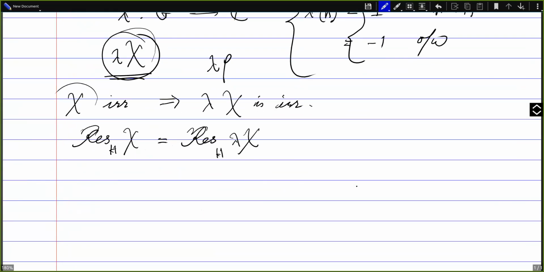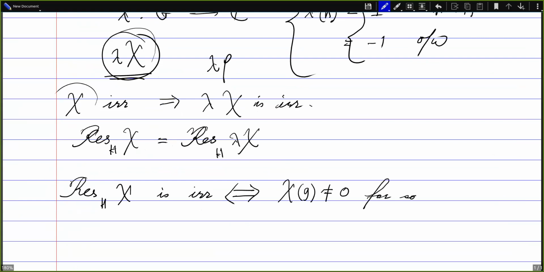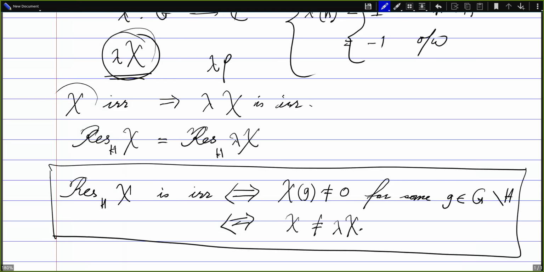We have in fact seen in the last video that res chi is irreducible if and only if chi(g) is non-zero for some g in G lying completely outside H, and the second thing is chi not equal to lambda chi. So this is what we have seen in the last video.